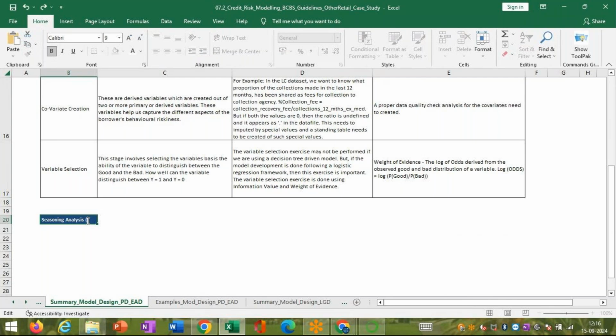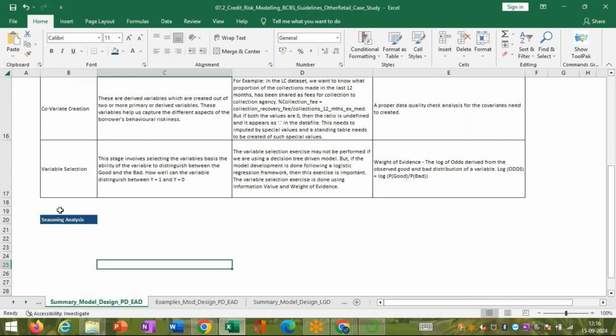This is under the BCBS guidelines, paragraphs 460 to 467, something like this.